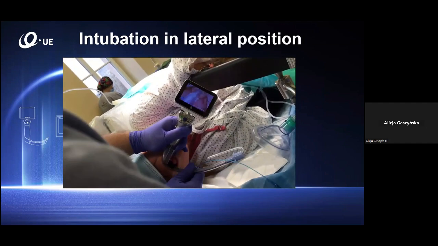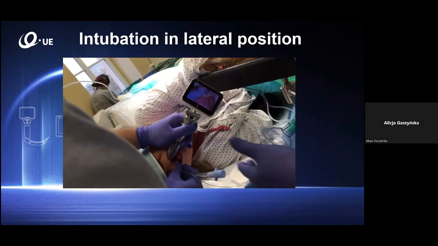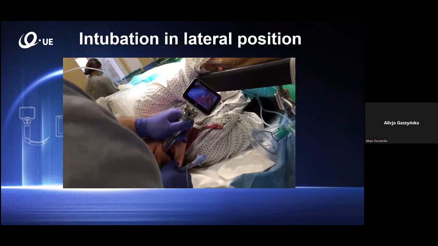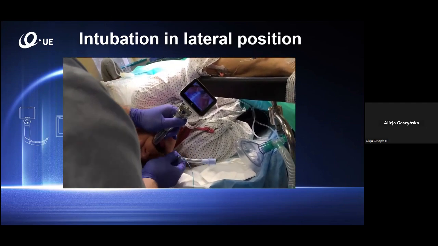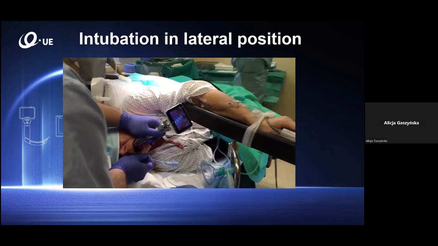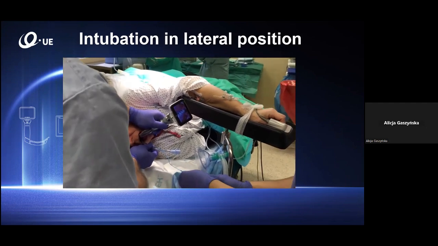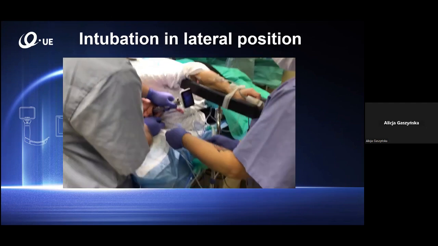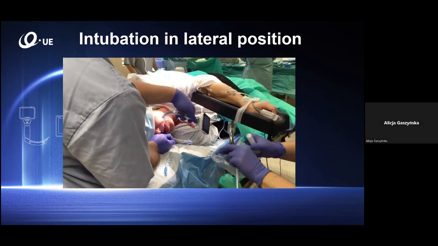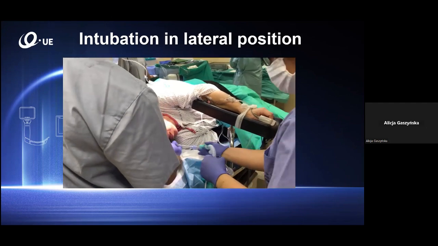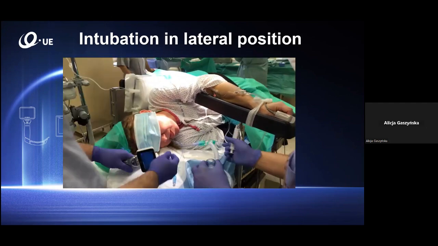But nowadays it's very popular to do so-called self-positioning of the patient, so the patient is positioning himself before the operation. That is for prevention of complications regarding the pressure on nerves and vessels. So as you can see, the UED-A video laryngoscope provides a very good and fast intubation in the patient in lateral position.